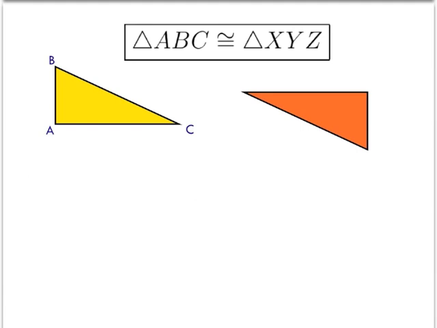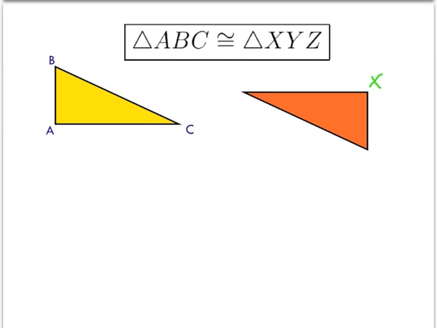Here's a brief example. Let's say we know that triangle ABC is congruent to triangle XYZ. Well, XYZ is over here. It's not labeled, so we'll have to go and label it. I see angle A. A is in the corner here, this right angle looking corner. And since A comes first in the name ABC, and X also comes first, that means X is the corresponding angle to angle A. Likewise, Y and B are corresponding because B and Y share the same space.